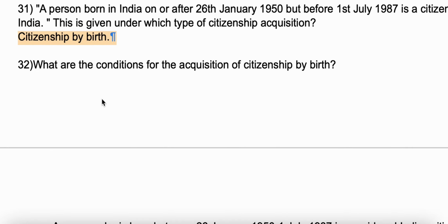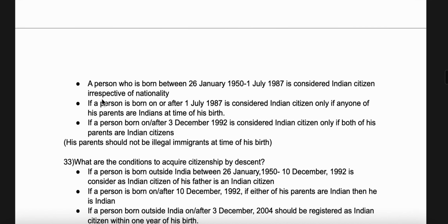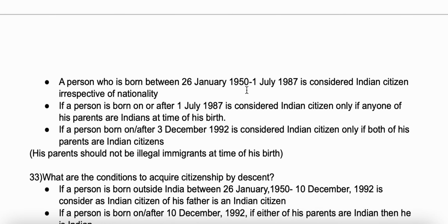Now 32nd question, what are the conditions for the acquisition of citizenship by birth? So let's look into the conditions. A person who is born between 26th January 1950 to 1st July 1987 is considered an Indian citizen irrespective of nationality. Okay, if my mother is a foreigner, my father is an Indian, and I am born in India, then I will be considered an Indian citizen.